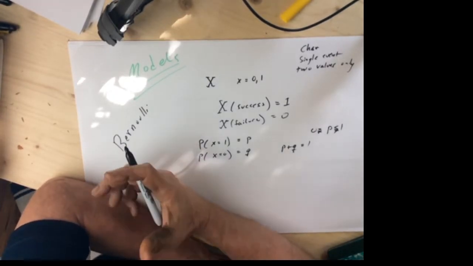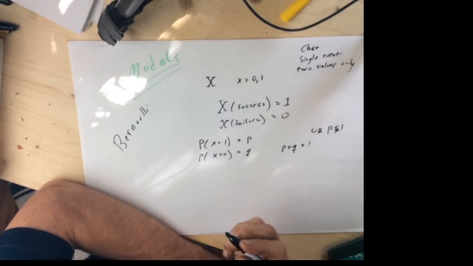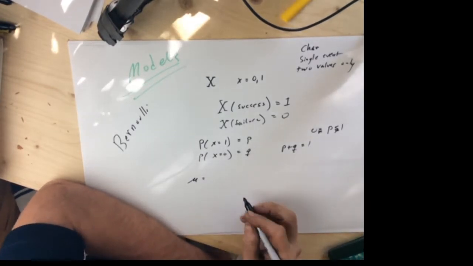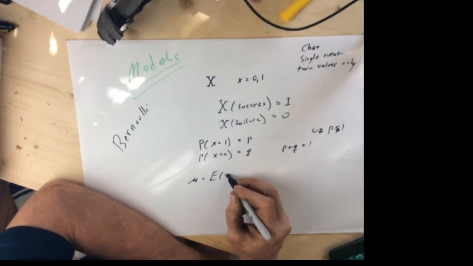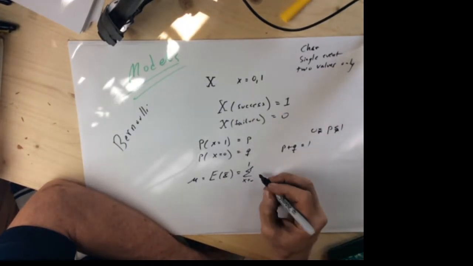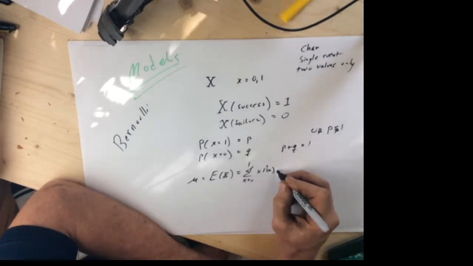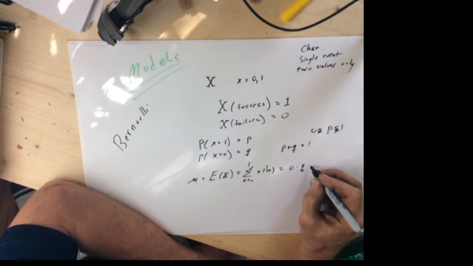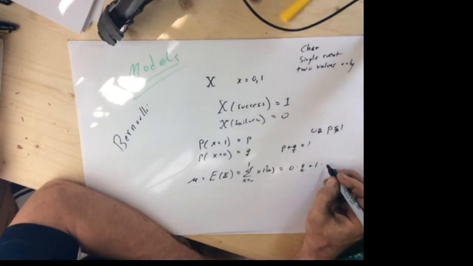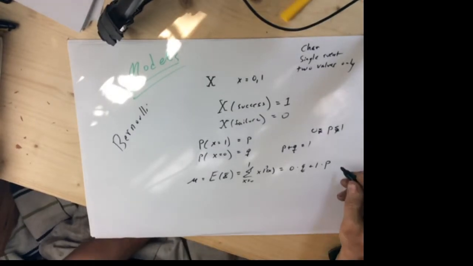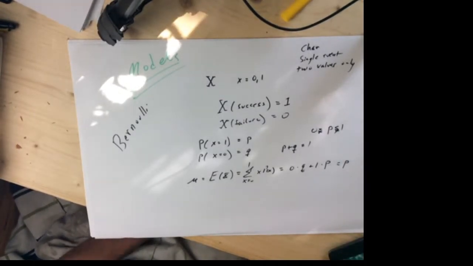You do something once. Now, let's look at the theoretical expectation. Well, 0 times q plus 1 times p, and so the expectation will be p.